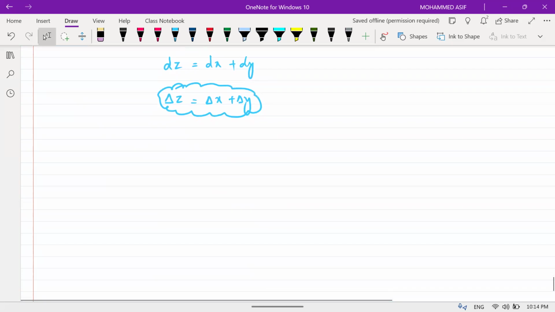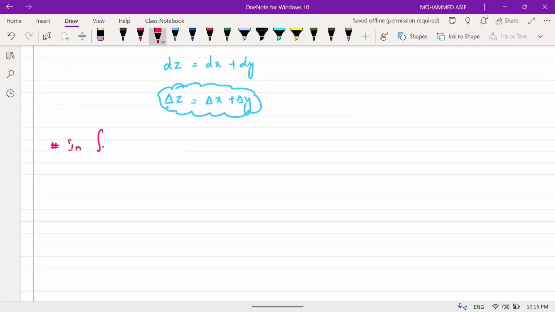Next one, in subtraction. In subtraction, same. If z is equal to x minus y, can I write the answer directly, beta? What will be the error in this one?